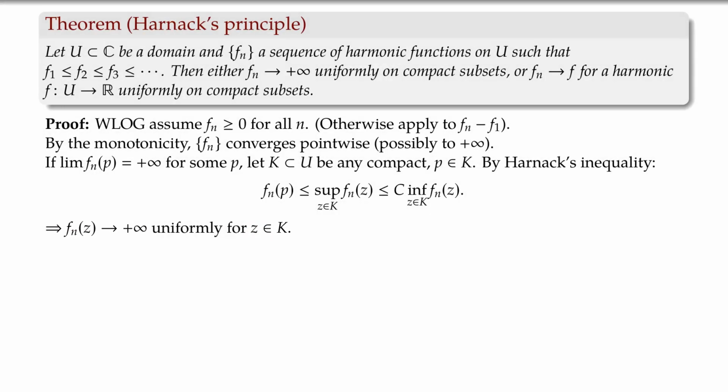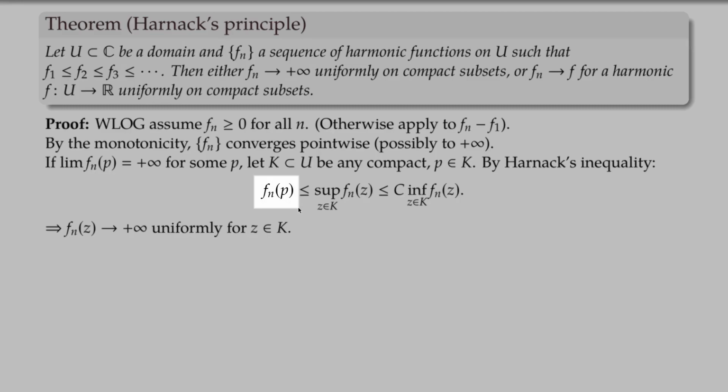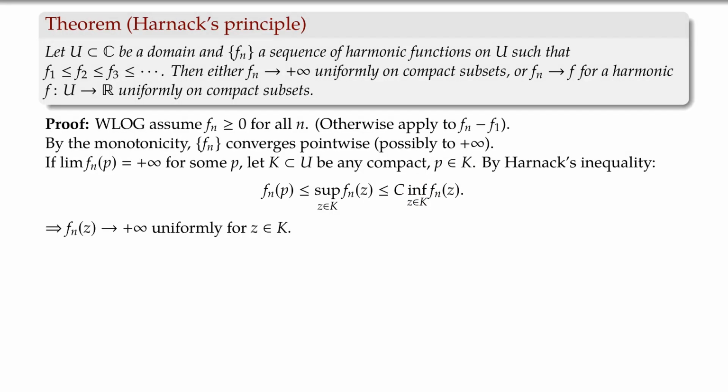Because if I want it to be bigger than some m, I can just give you whatever n I need to make this bigger than some m, divided by C if you want, for all K. So this is uniform. So we have that if the limit is infinite for some P, then it's actually infinite for every P, and the sequence goes to infinity uniformly on compact subsets.